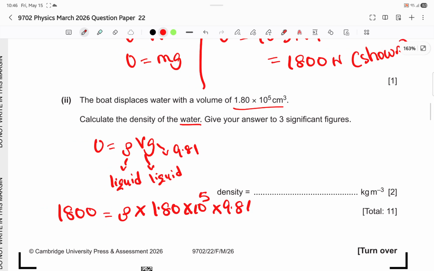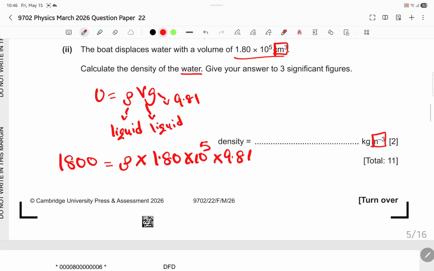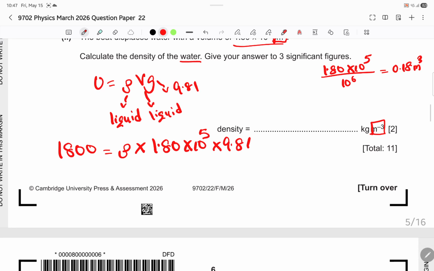Here the volume is in cm cubed, while the answer is in meter cubed. To convert from cm cubed to meter cubed, we divide by 10 to the power 6. So 1.80 into 10 to the power 5 divided by 10 to the power 6, we get 0.18 meter cubed. Now we put that in here, not this, sorry. Now if we solve for density, we get this, which is the answer, 1020.